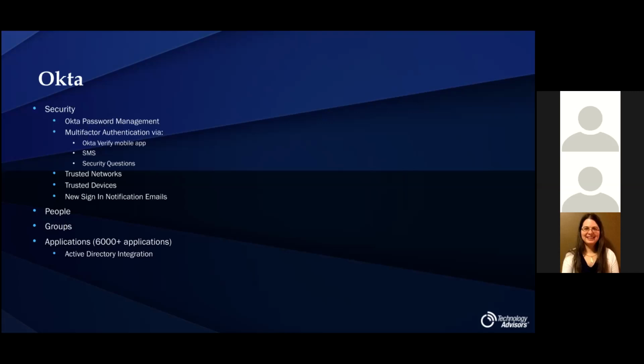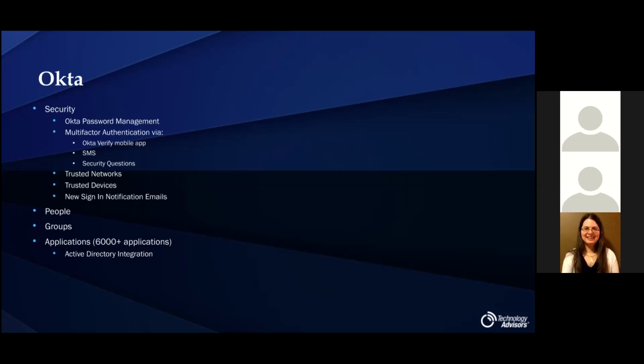Within Okta, you can manage people. So you can manage what people can log into Sugar, for example. And then you can group those people into groups, and within those groups, you can have different security. For example, people within one group may have to do multi-factor authentication every time they want to access Sugar, while others only have to do it, let's say, once a week.